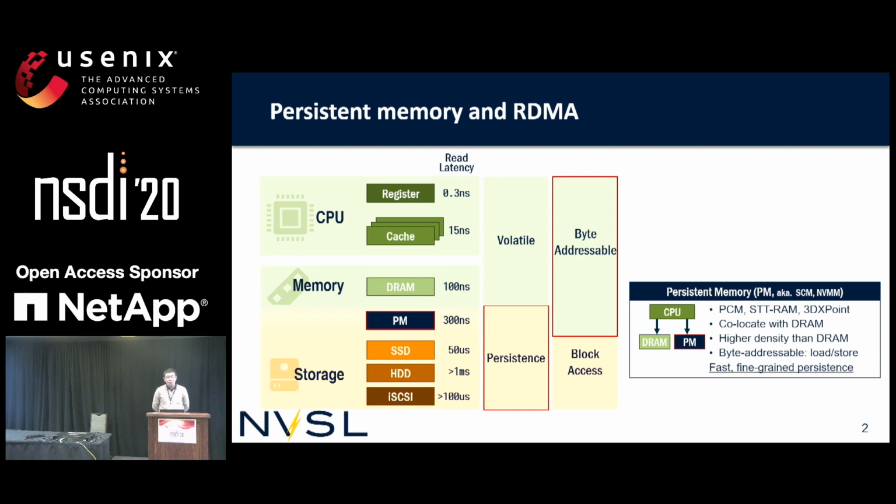Persistent memory, or PM, represents a new class of memory that's built upon emerging technologies such as PCM, STT-RAM, or Intel's 3D XPoint. Today we use DRAM as our main memory, and persistent memory will be co-located with DRAM and is byte-addressable by the CPU, which means user applications are now able to use a few instructions to finish data writing and persistence.